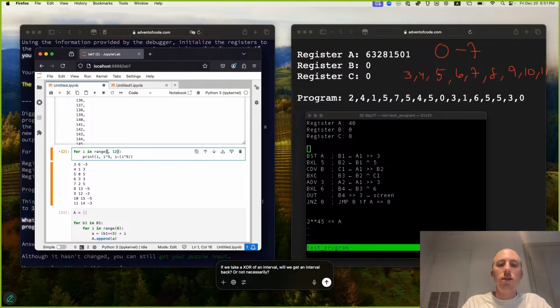Let's find when they repeat. So 0 to 8, and then 8 up to 16. So maybe we'll go up to 16.